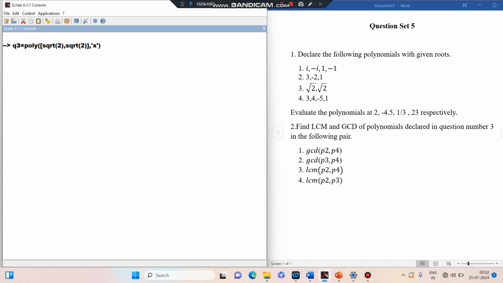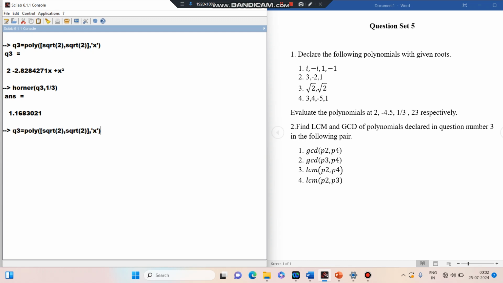So we get the polynomial as this of degree 2. Now let us evaluate the polynomial Q3 at 1 by 3, the third number which is given. This is the answer.